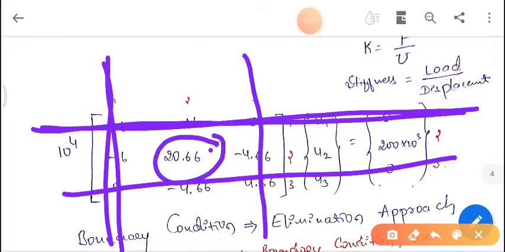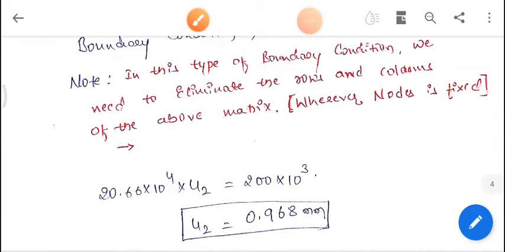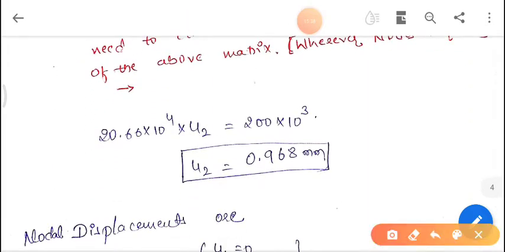What we are left with is 20.66 into 10 raised to 4 into u2 is equal to 200 into 10 raised to 3. That is what I have written here. If you simplify this, you will get u2 is equal to 0.968 mm.